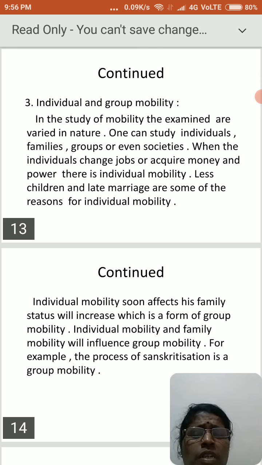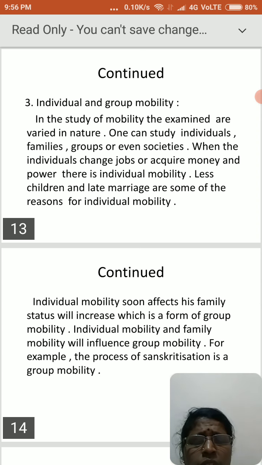Fewer children and late marriage are some of the reasons for individual mobility. Individual mobility soon affects family status, which will increase, and this is a form of group mobility. Individual mobility and family mobility will influence group mobility.